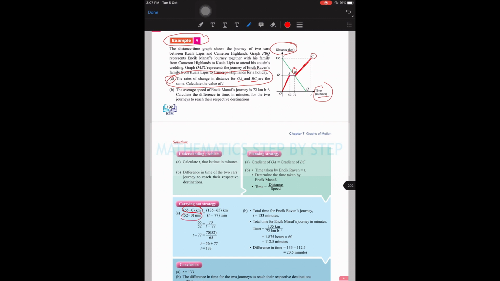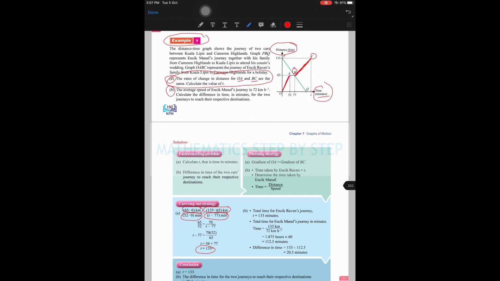Then, from B to C, total distance traveled is 135 minus 65 km, and time taken is T, we don't know, T minus 77 minutes. So now we are able to find the value of T.